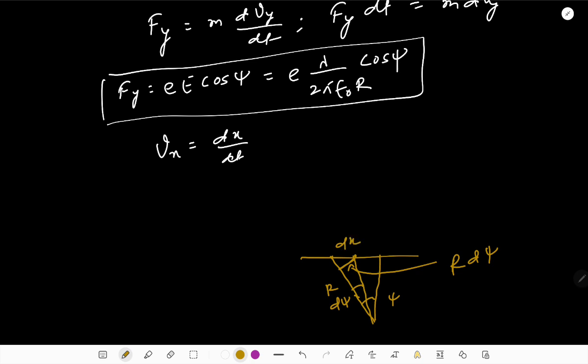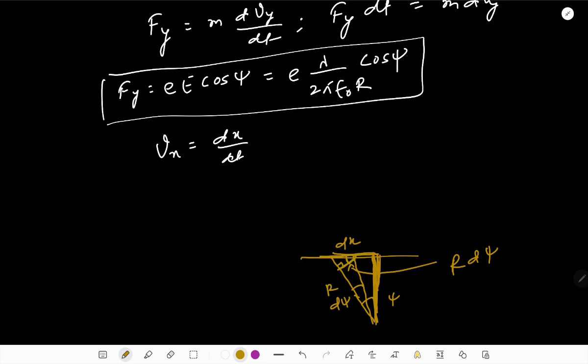You can see here the angle between this is along the y-axis, and this line is perpendicular to this line, and this line I suppose is perpendicular to this line.